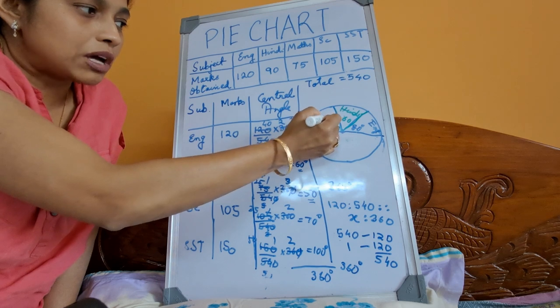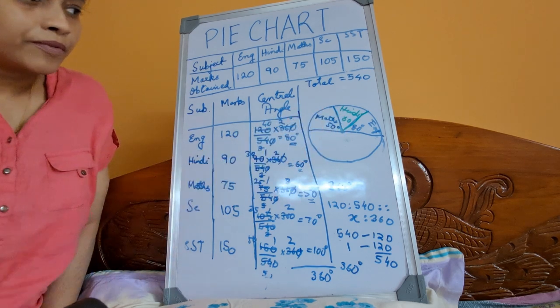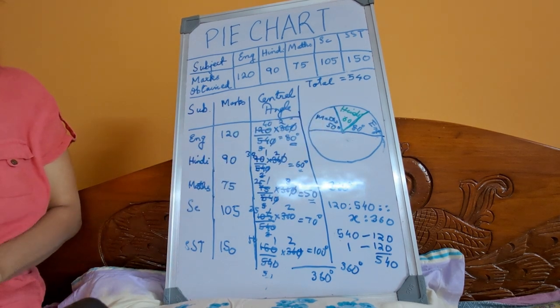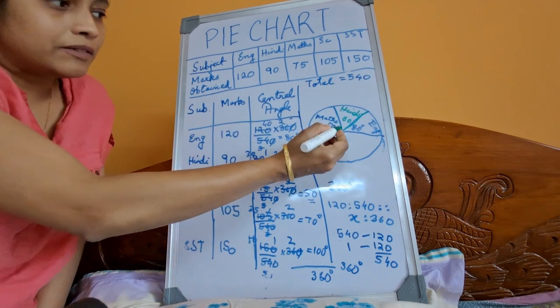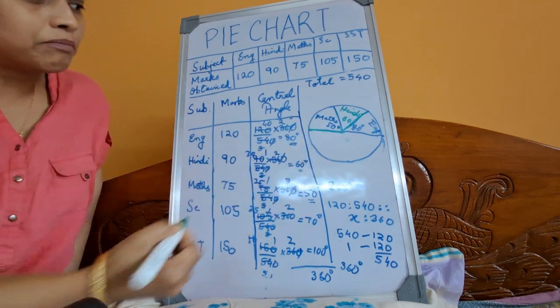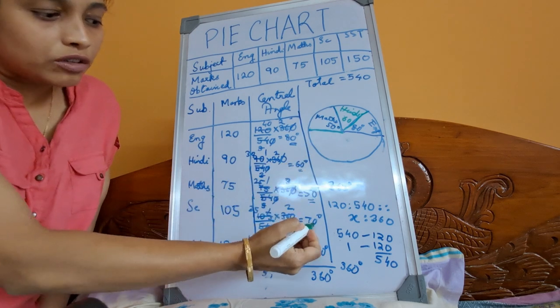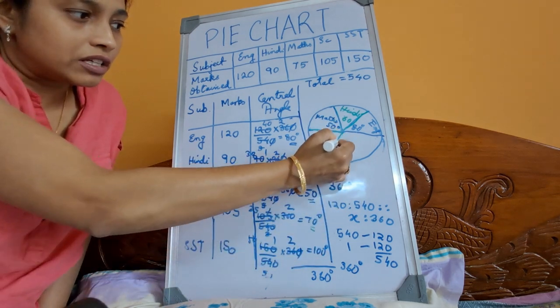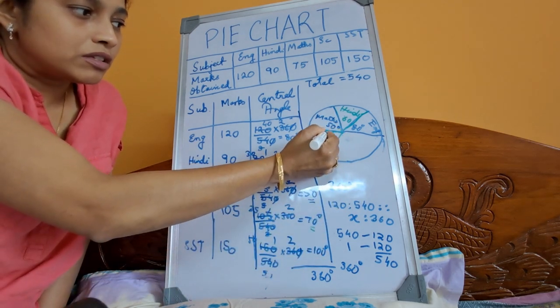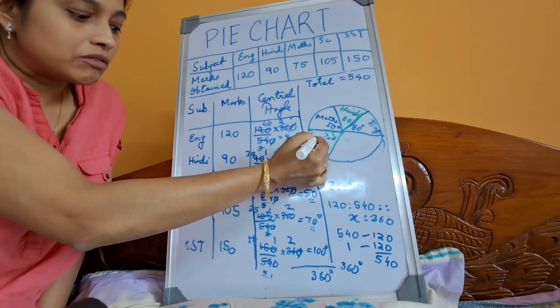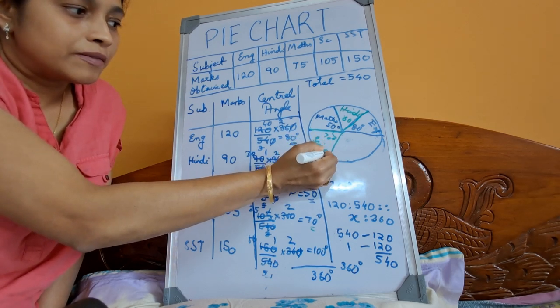This represents maths. Then place your protractor here and draw the fourth angle, 70 degrees. This represents science.